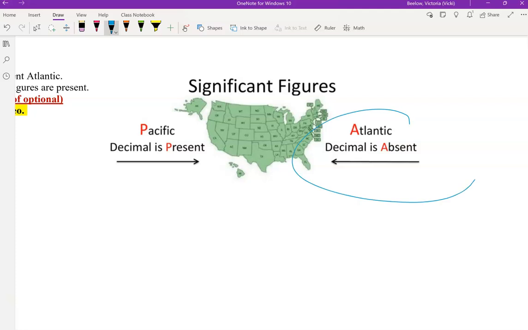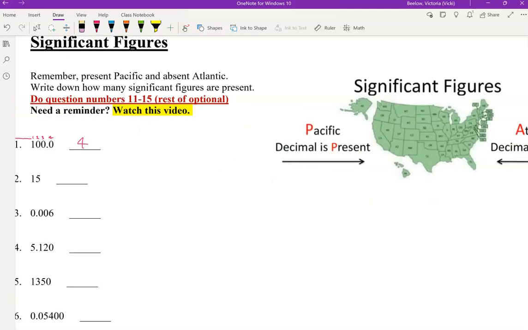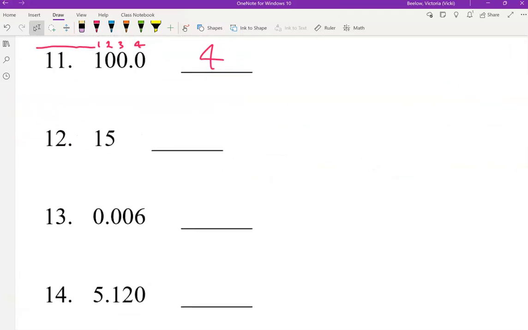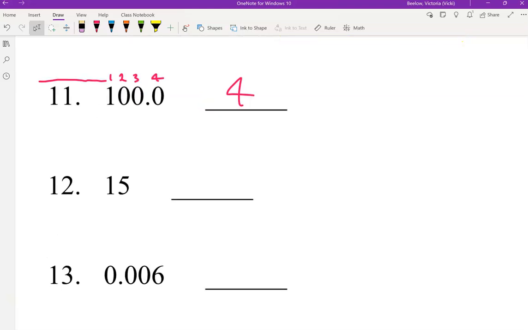So we would do Atlantic absent. Again, if the number, which in this case is 15, is the United States, the Atlantic Ocean would be on this side of the number. So I would approach from that way, and I would count the first number I come across that's not a 0 as significant, and everything after that as significant. So this would be my first significant figure, and that would be my second significant figure. So this only has 2 significant figures.